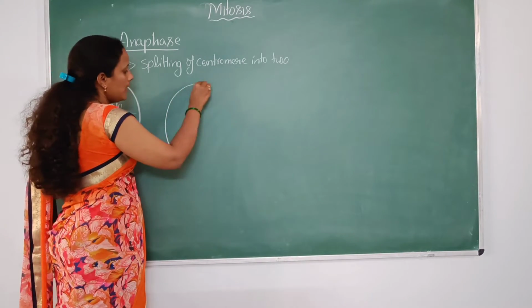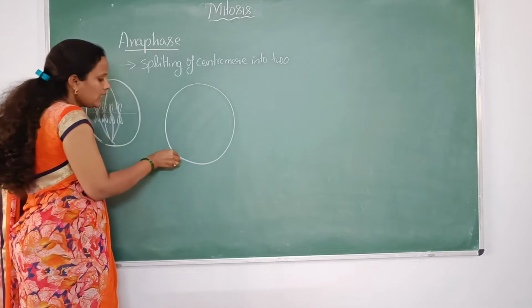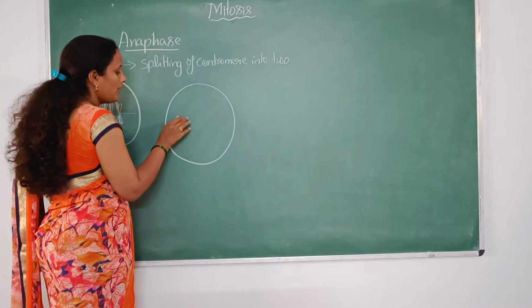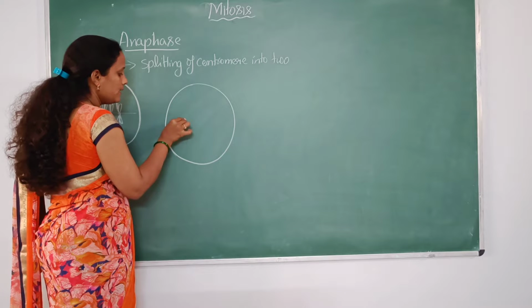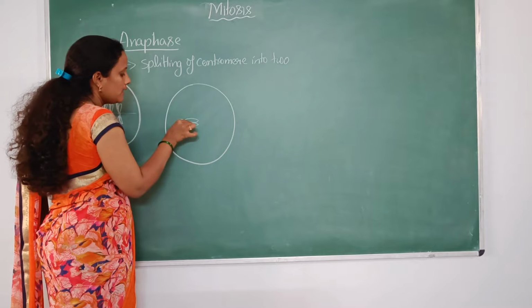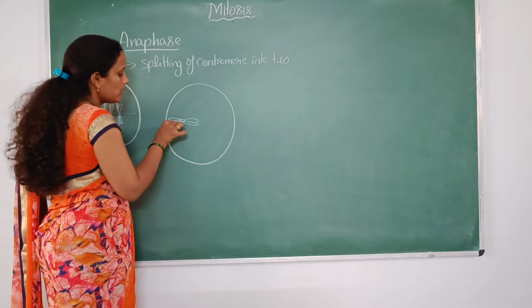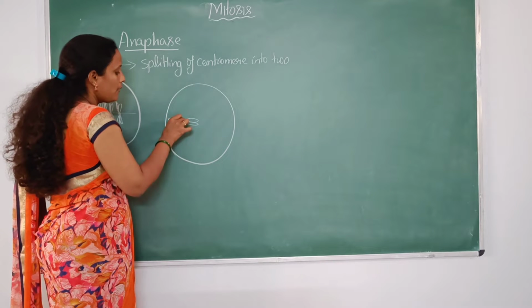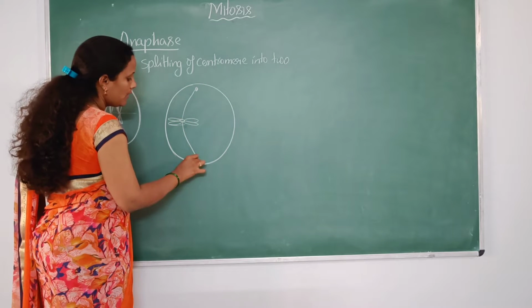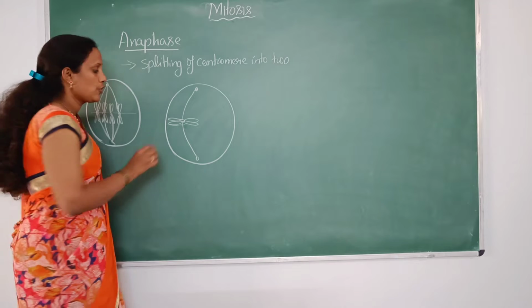So suppose it is a cell in anaphase. In the early stages of anaphase, here is the centromere, and these two are the sister chromatids, and from here one spindle fiber is attached and from here another spindle fiber is attached.